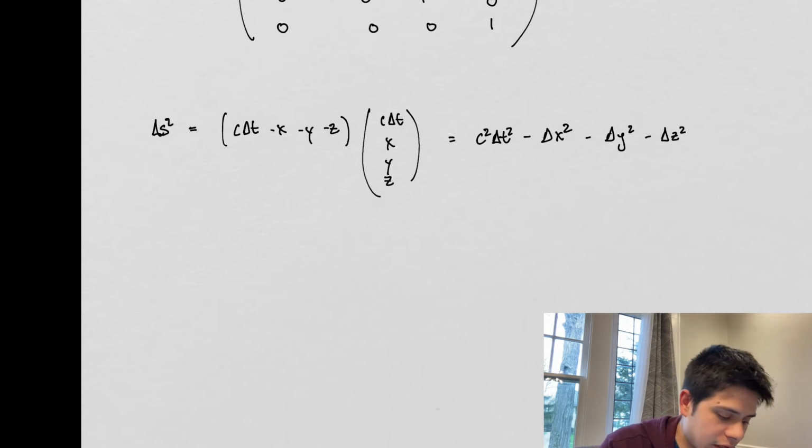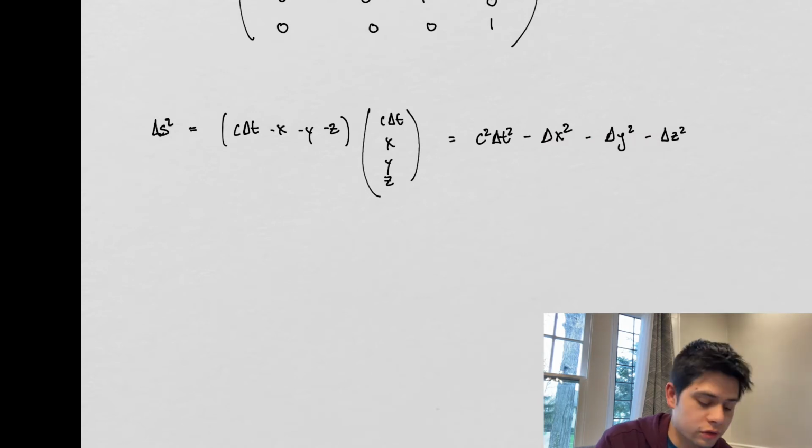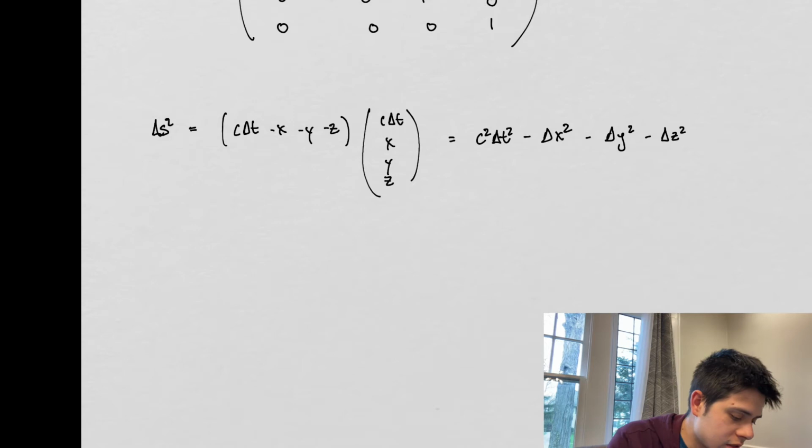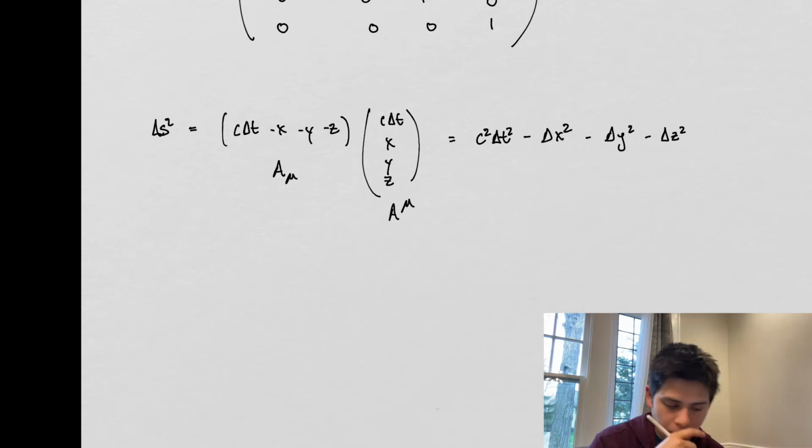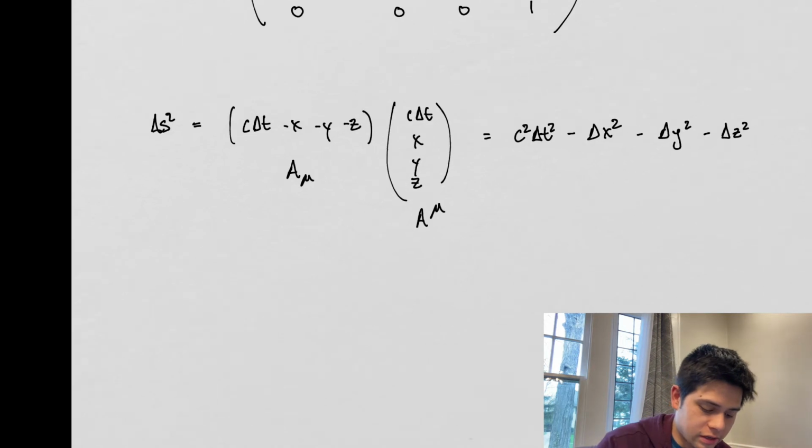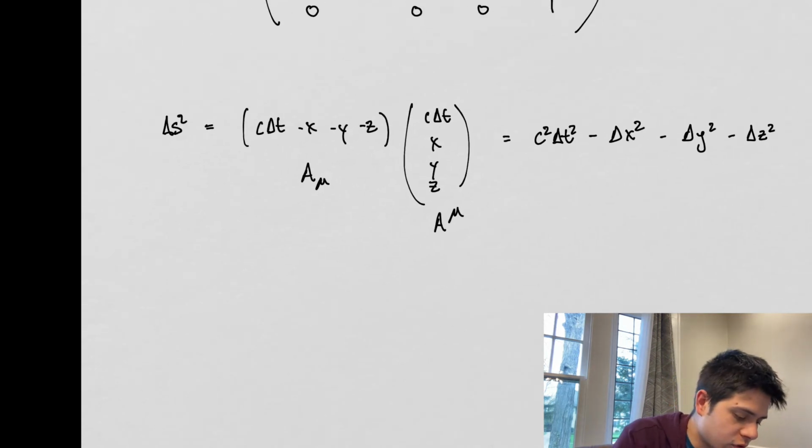All right, so we have, again, these minus signs, which is what we're looking for. So now, if we remember that this here is a mu, and this is also a mu, but it's a mu as a covector, as a different vector, because this is the transformed one.